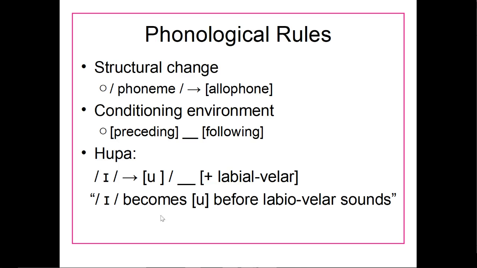So I becomes U before labiovelar sounds. We can also see this in English, where we have, for example, the aspirated versus unaspirated P. We could say the regular phoneme P becomes the aspirated P at the beginning of a word.